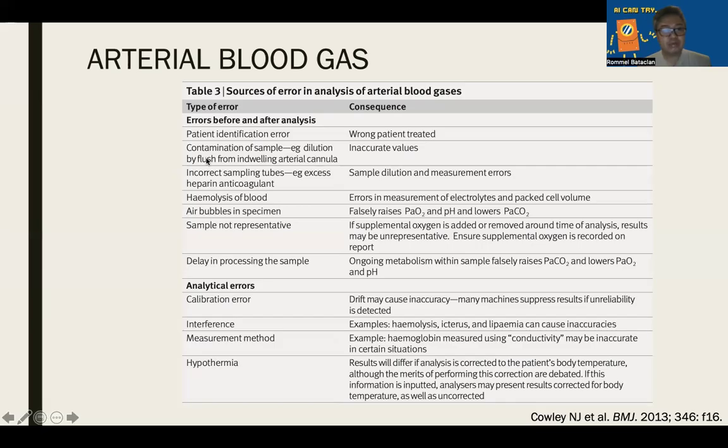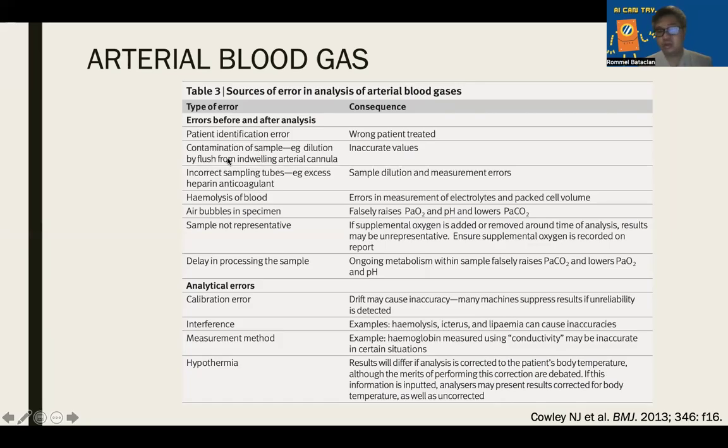There could be contamination of sample, for example, a dilution. Sometimes you can also get samples from an arterial catheter if the patient has a vascular catheter. But usually those vascular catheters are protected, or there is heparin already, or antibiotics that are given to prevent, one, thrombosis, two, infection in that vascular catheter.